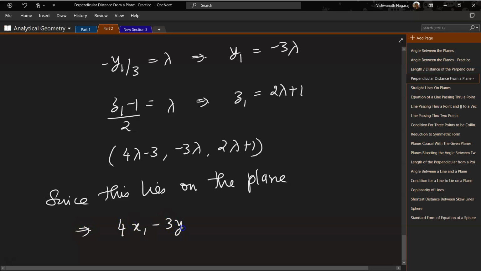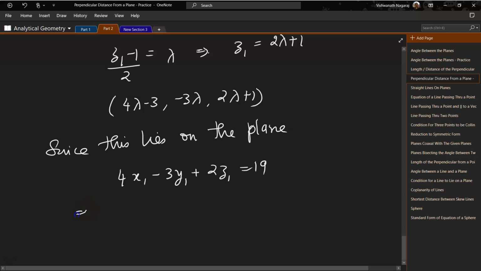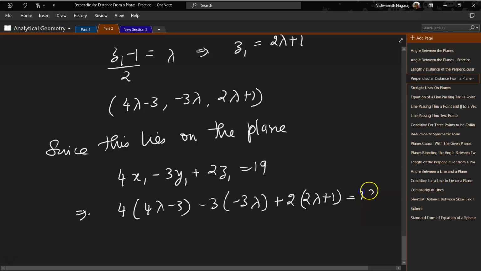The plane is 4x1 minus 3y1 plus 2z1 equal to 19, which implies 4 times 4 lambda minus 3 times minus 3 lambda plus 2 times 2 lambda plus 1 is equal to 19.